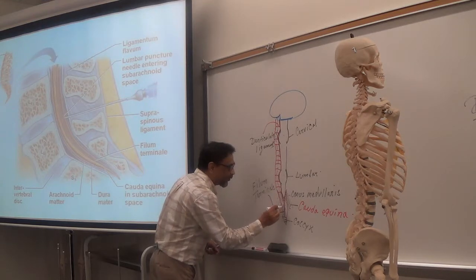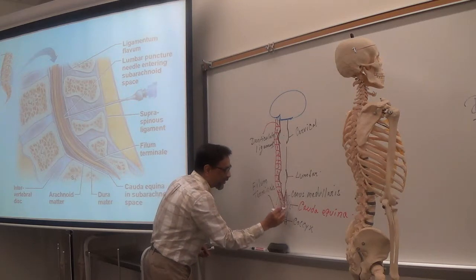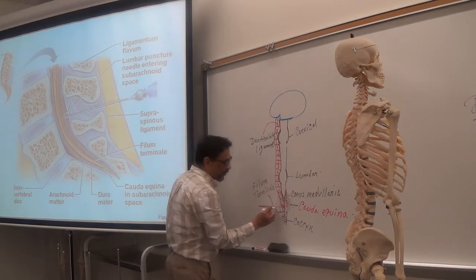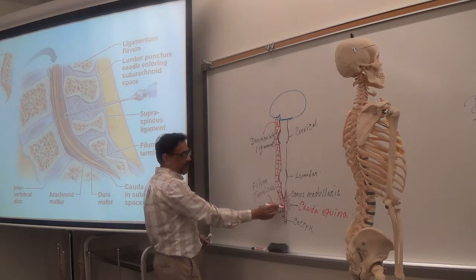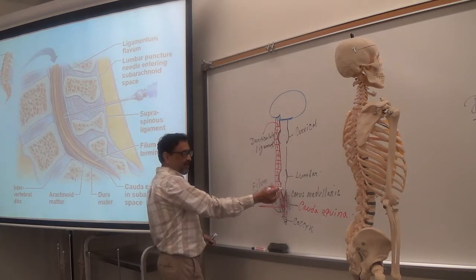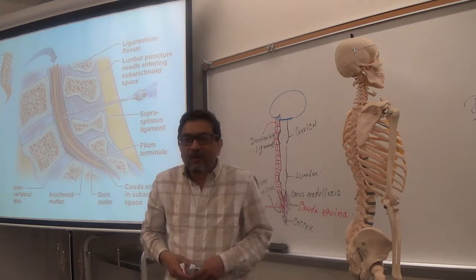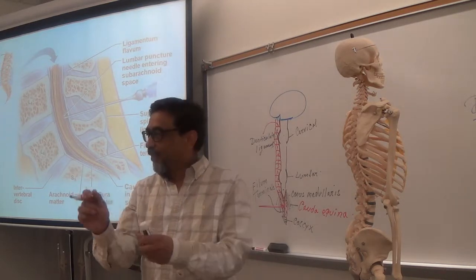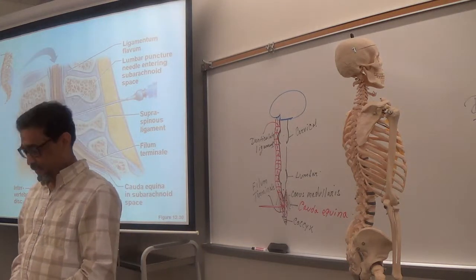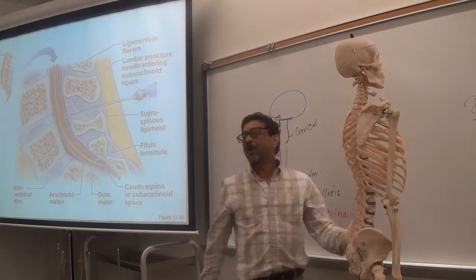And you have cerebrospinal fluid in subarachnoid space, you know that. So that fluid is also present here. So we insert needle in this area to collect the cerebrospinal fluid without any chance to injure the spinal cord. Make sense? Because we know that below L2 there is no spinal cord, right? But cerebrospinal fluid is there. So that's a safe location to collect the cerebrospinal fluid. So that is called lumbar puncture.